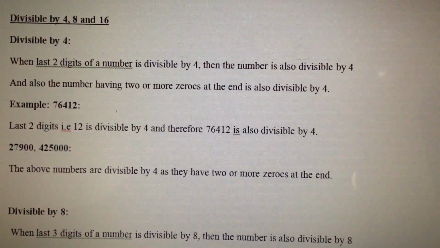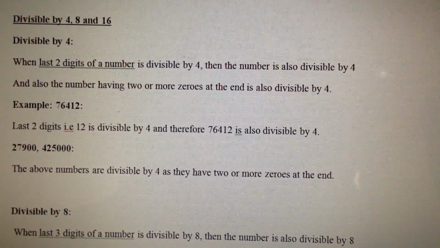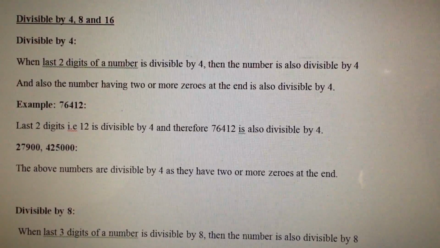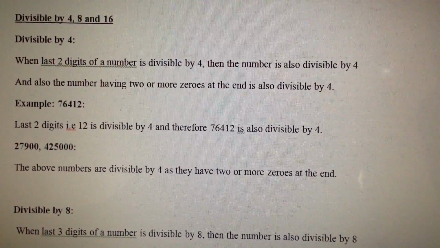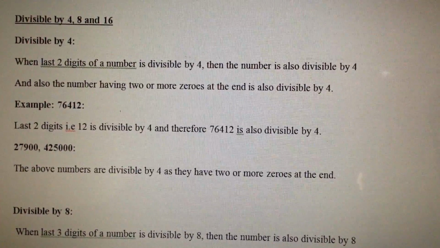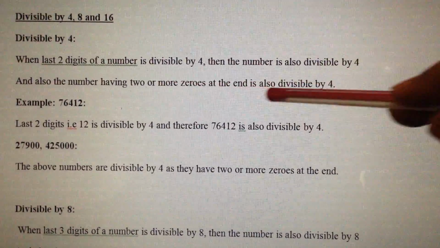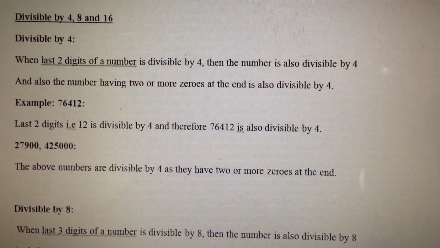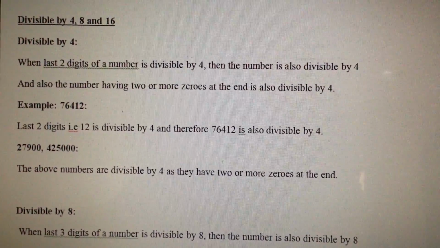These numbers are ending with zeros. The other thing is a number having two or more zeros at the end is also divisible by 4. We have seen already. So these numbers are also divisible by 4.